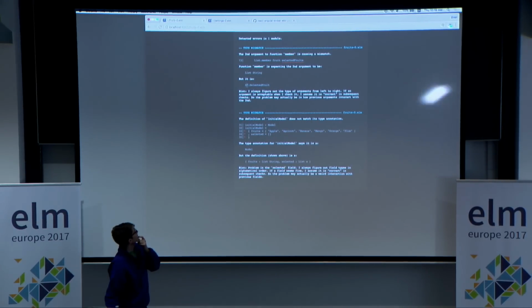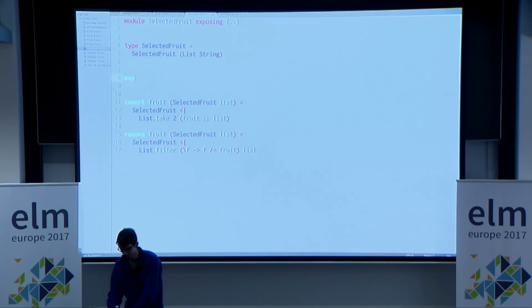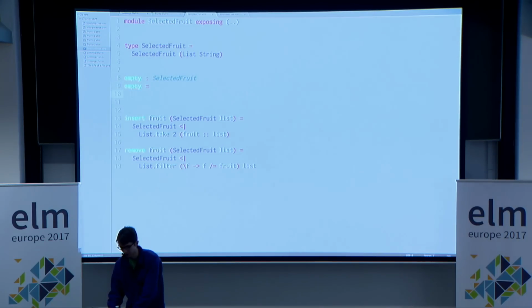So we're using list.member on a selected fruit, but we don't actually know the implementation details of that anymore. And we're saying it's a list, but we don't have access to that information anymore. So we need to add, how do I make an empty selected fruit? And that would be selected fruit is empty.